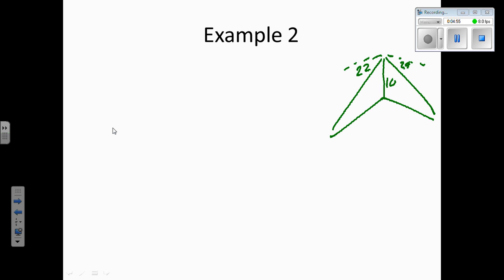Okay, step 1, using parallel lines, I knew the measure of angle C is 22 degrees, and the measure of angle A is 29, because that's what I'm given in the question. Next, let's break the triangles apart.